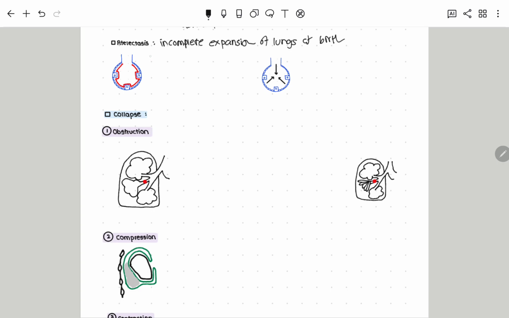And so in a delivery that takes place at a normal time frame and after the normal gestation period, you have sufficient amount of surfactant produced that prevents the alveolar collapse from taking place due to surface tension.